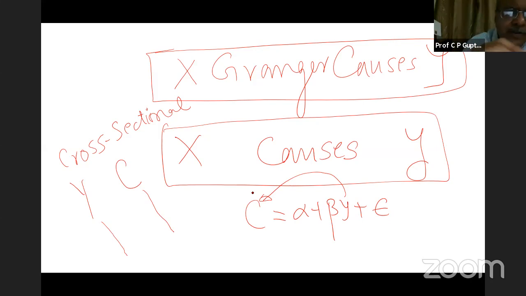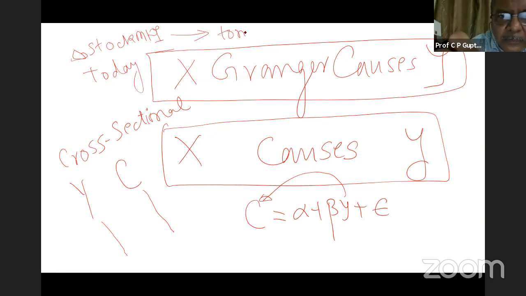So, for example, there is a change in the stock market today, and tomorrow there is a change in the share price of company X. So I can say that the stock market Granger causes Y. But why tomorrow is X changing share price?